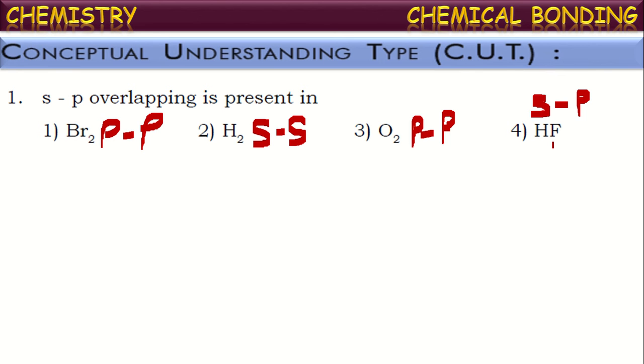When these two atoms approach each other, they overlap s and p orbitals and hence result in the formation of a sigma bond. Now you can say sp overlapping is found in the HF molecule.